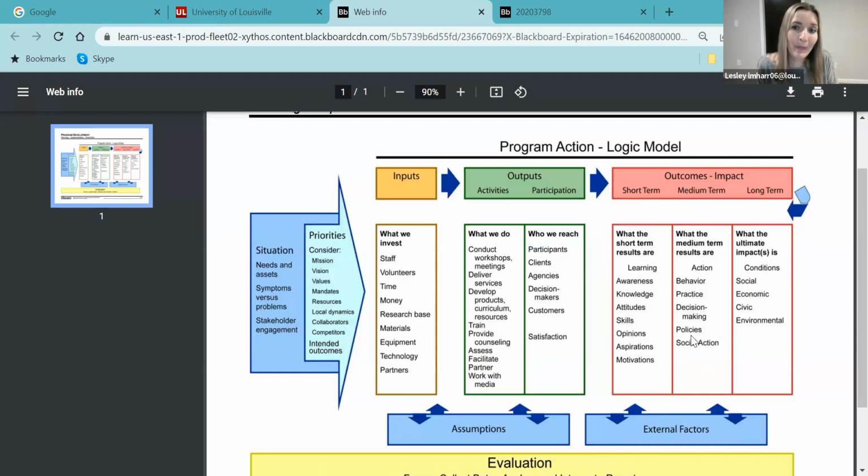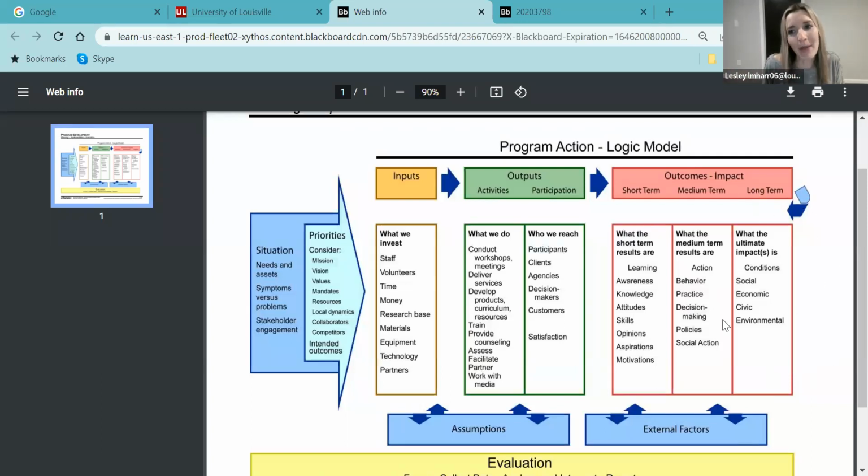What they say is more medium-term is actually changing behavior, changing action, because that takes some time. You're going to train your staff and increase their knowledge, but their actual behavior towards the clients might not change overnight. That might take longer-term reinforcement of the training. That might take cultural change in your organization. That might mean integrating aspects of the new program into their work plan, in terms of how they're evaluated as employees. You can see that could take longer.